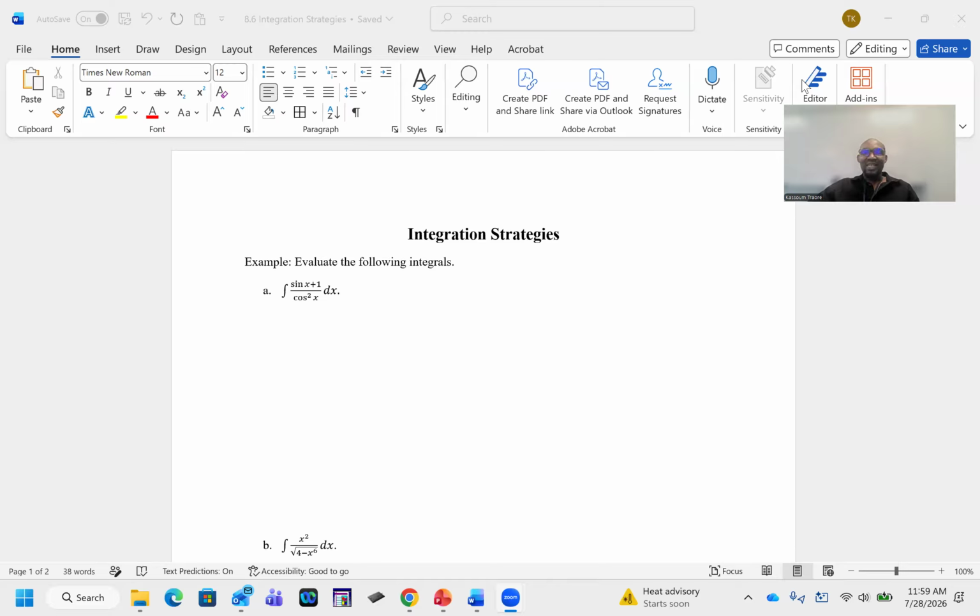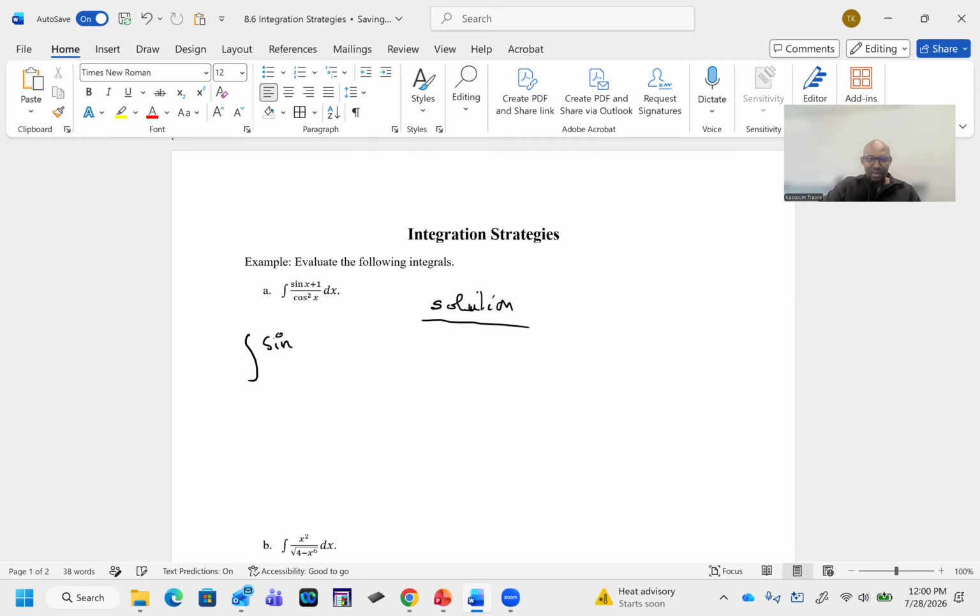So let's start with the first problem, evaluating the following integral. To evaluate this integral, we have to rewrite the integrand because we don't have a basic formula or anything like that, right? So I'm solving the integral of sine x plus 1 divided by cosine square of x dx.